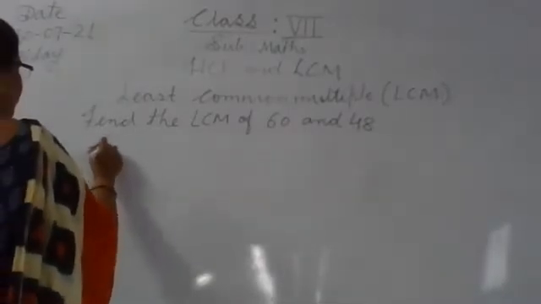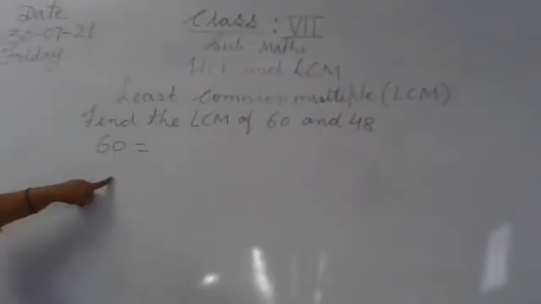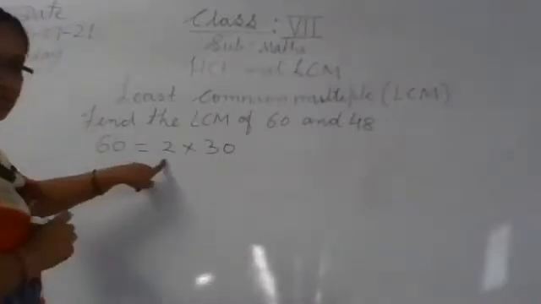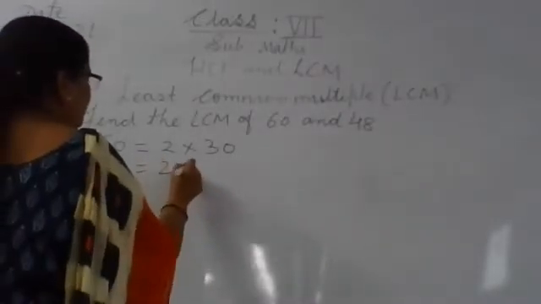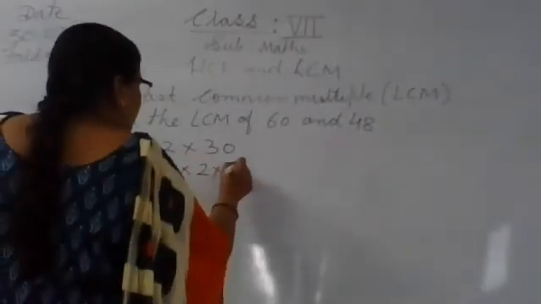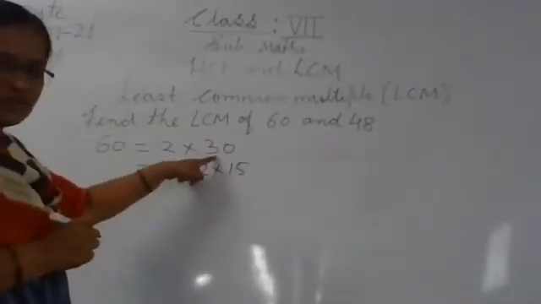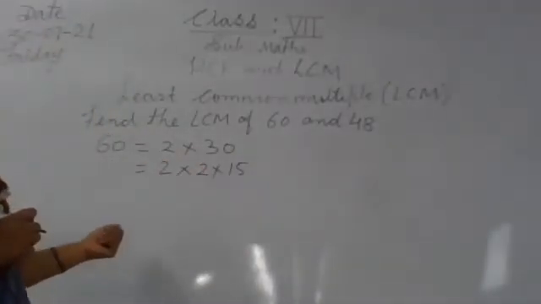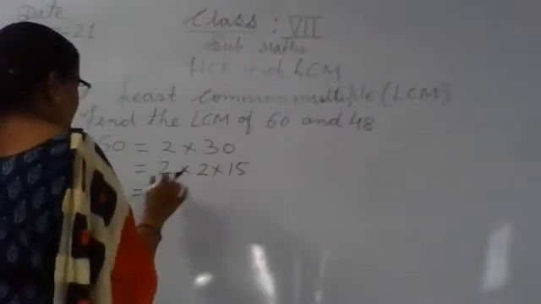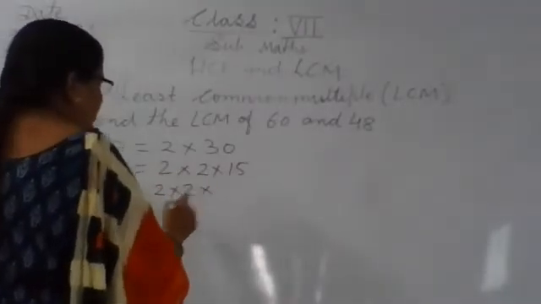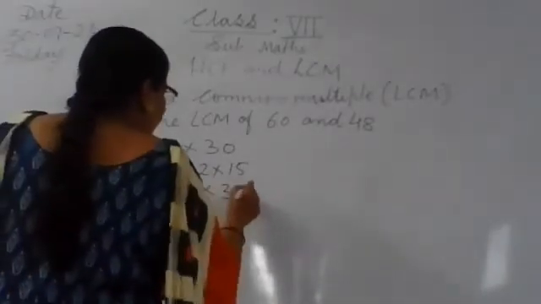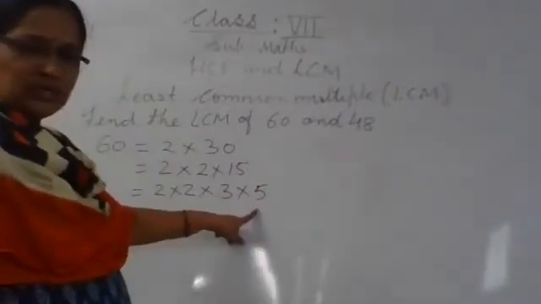So here we will factorize 60. It is an even number, so it is 2 multiplied by 30. 2 is a prime number, so write it as it is. 30 is a composite number, so it is again divided by 2, and we get 15. 2 and 2 are prime numbers, but 15 is composite. 15 is the product of 3 and 5, both prime numbers.